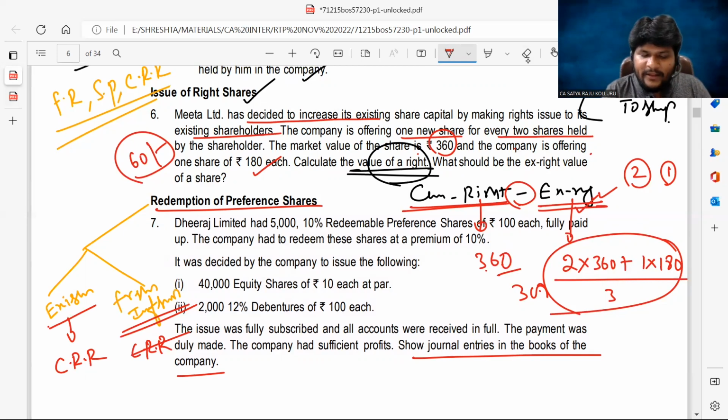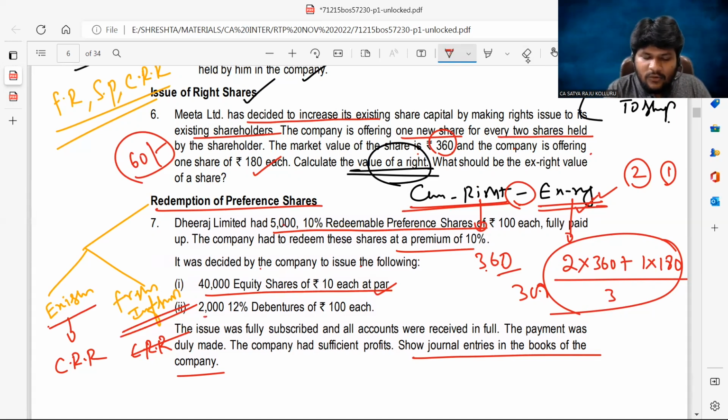Dheeraj Limited had 5,000 10% redeemable preference shares of rupees 100 each, fully paid up. The company had to redeem these shares at a premium of 10%, redemption at premium. It was decided by the company to issue the following: 40,000 equity shares of rupees 10 each at par. Out of these preference shares, they are issuing 40,000 equity shares at the rate of 10 rupees each at par, meaning a certain portion of the preference shares is redeemed through issue of equity shares.